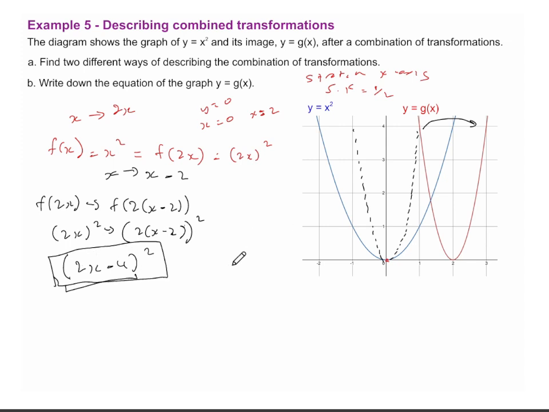So if we want to get this, we can start off with x becoming x minus 4, which means translation in the x-axis by (4, 0). Then we can go into my x becoming my 2x, which is just stretch x-axis, scale factor a half.